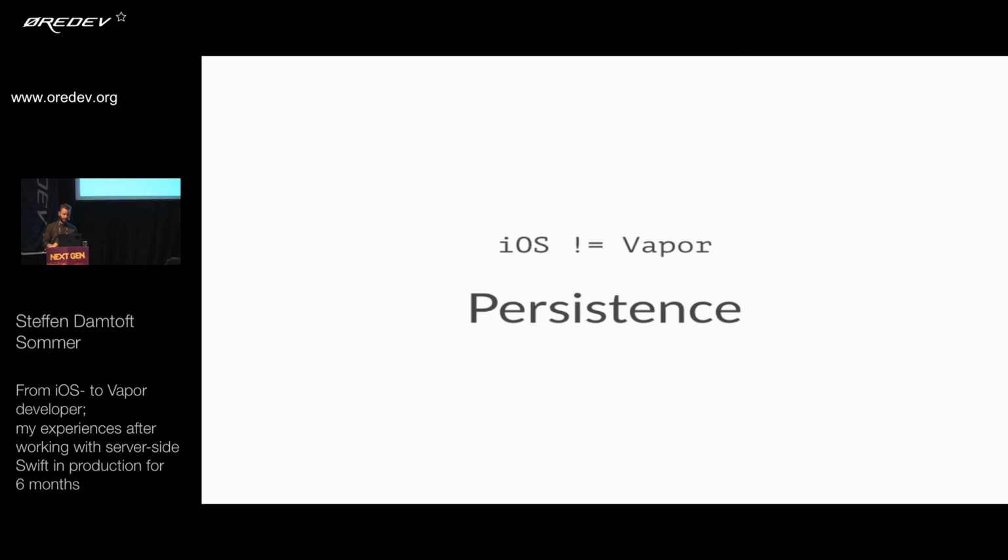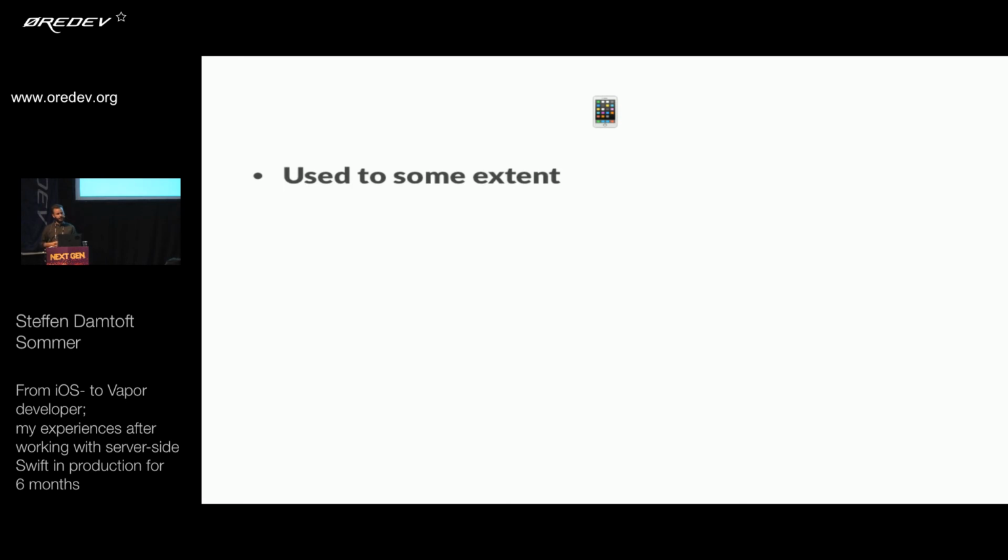Persistence. I think this is a rather bold one as well. I am saying that it's used to some extent. We have a lot of options when it comes to persistence on iOS. Depending on your use case, depending on your application, you might choose something that's more complex or more simple. We do some migrations, we do some queries, but when we talk about backend development, it's again a different mindset, a different world, because it's really used heavily.